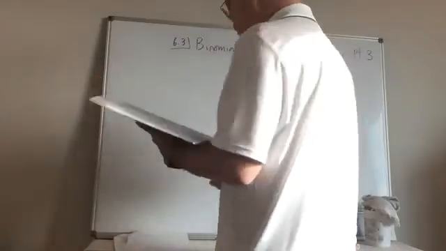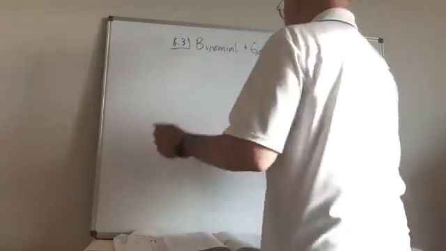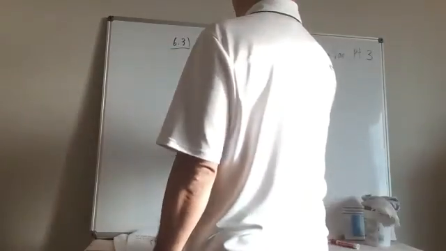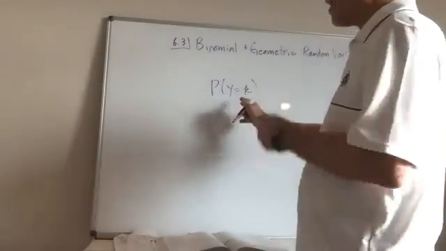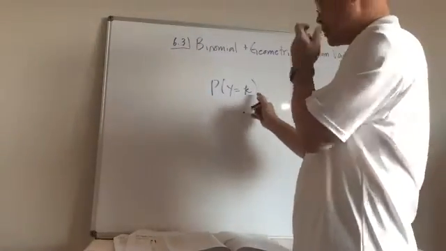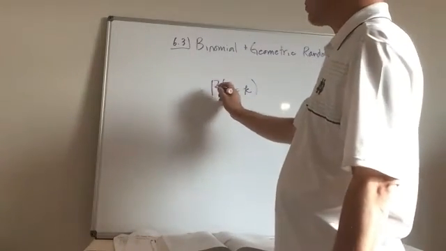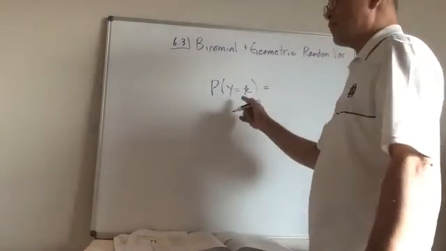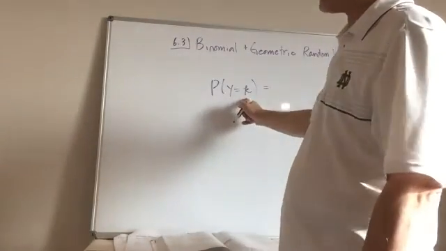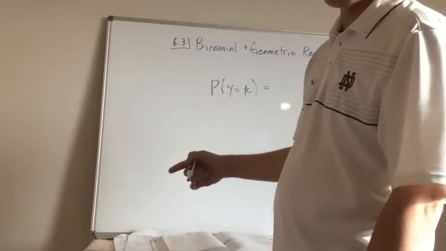So let's go to the middle of page 423. There's a green box there that says the probability of Y equals k. It takes k trials to succeed. This is a geometric probability. If it took you k times to succeed, how many failures did you have prior to that?